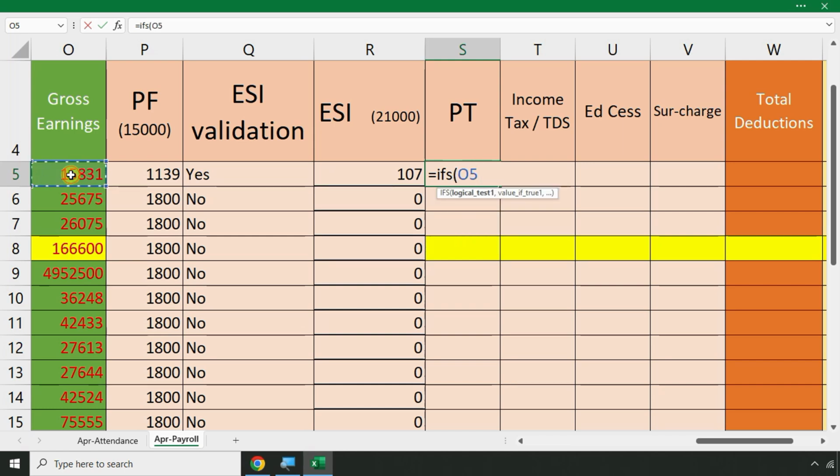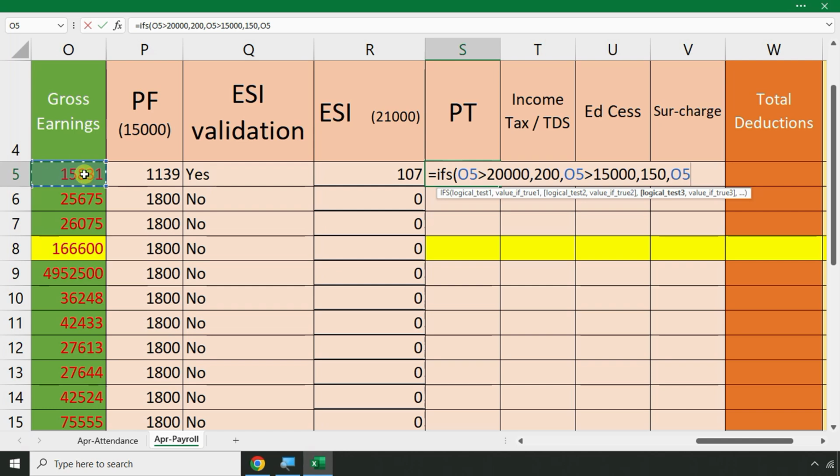If gross more than 20,000, give me 200 professional tax result, comma. If gross, if O5 greater than 15,000, give me 150 rupees result, comma.